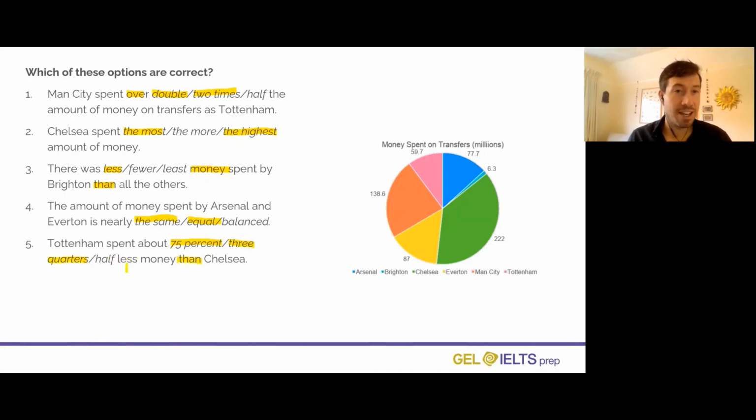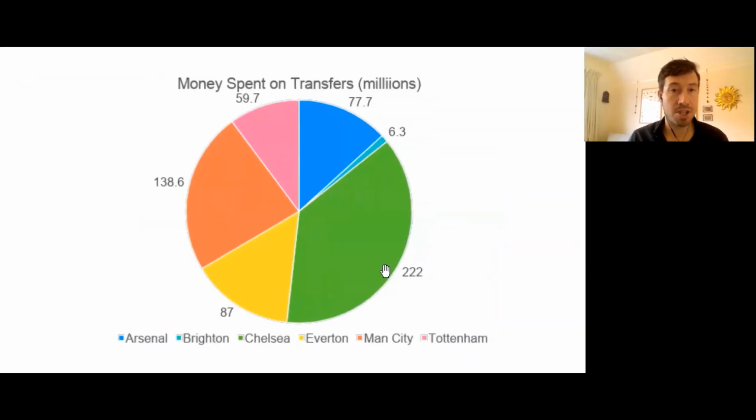We got this than. Half less doesn't really make sense. Okay, and again, if we have a look at it, Chelsea 222, Tottenham 159. So yes, that's about 3/4 of the money.